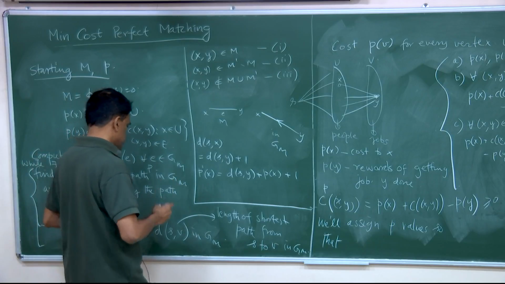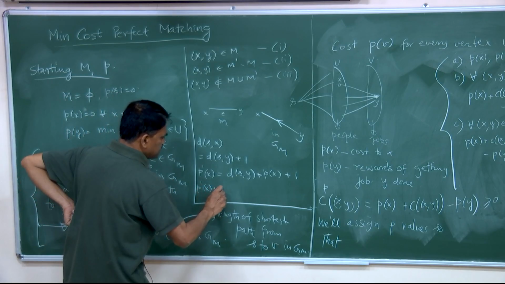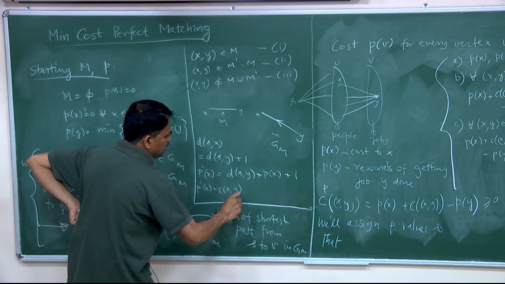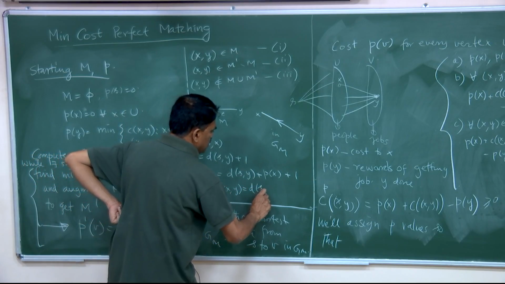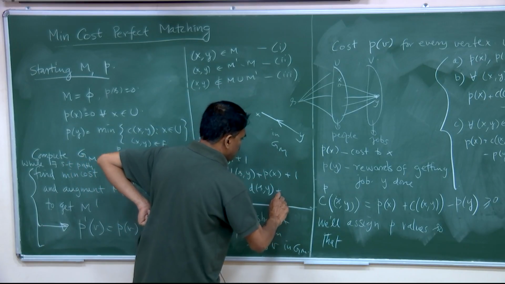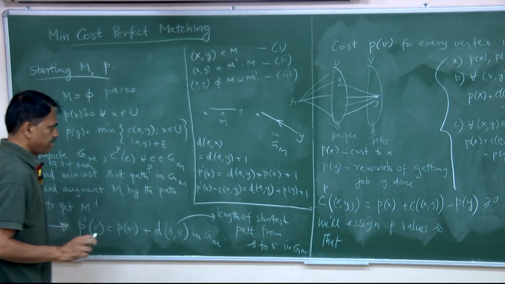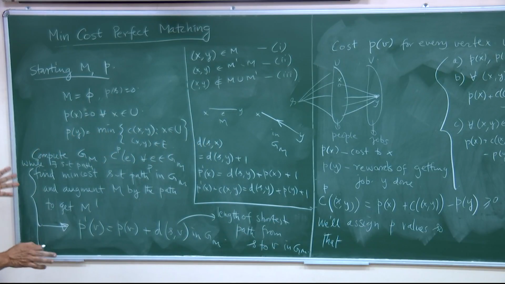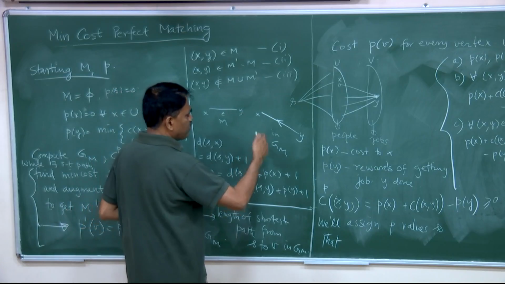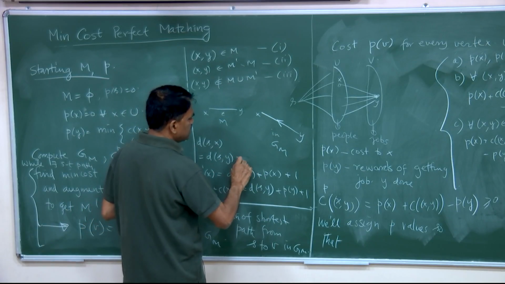Okay, so let me also add p prime x plus cxy. Px plus cxy is nothing but py. Sorry, y plus 1. We are talking about the shortest path. This is clearly minus cxy.